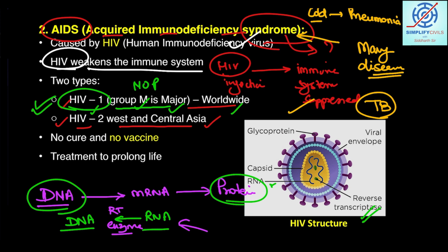However, I can say that it is not a very quick process. If a person is diagnosed with HIV infection, then the person will be called HIV positive. That doesn't mean that the individual will suffer in such a manner that immediate death will occur. No, that is not the scenario.